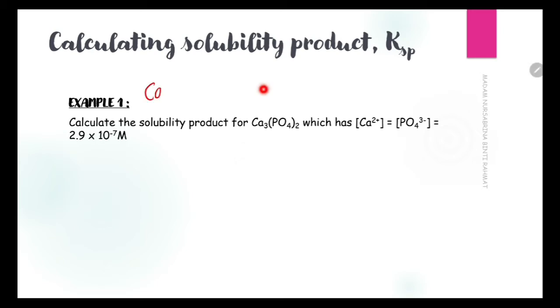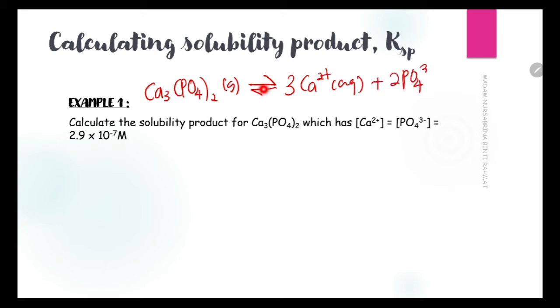For this one, Ca3(PO4)2 solid, in a reversible reaction, you're going to produce 3 moles of Ca2+ in aqueous state plus 2 moles of PO4 3- in aqueous state. So my Ksp is equal to [Ca2+] to the power of 3 with [PO4 3-] to the power of 2.